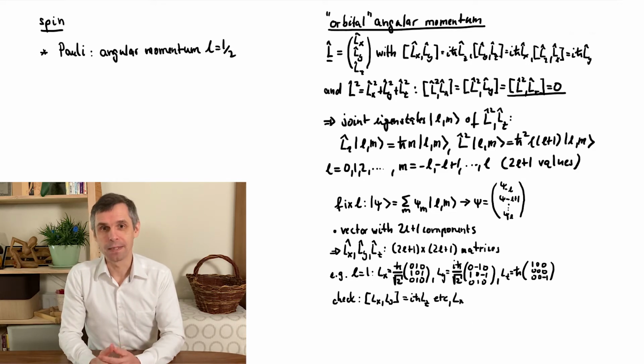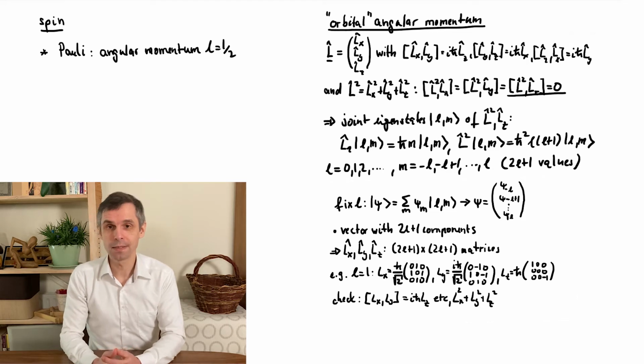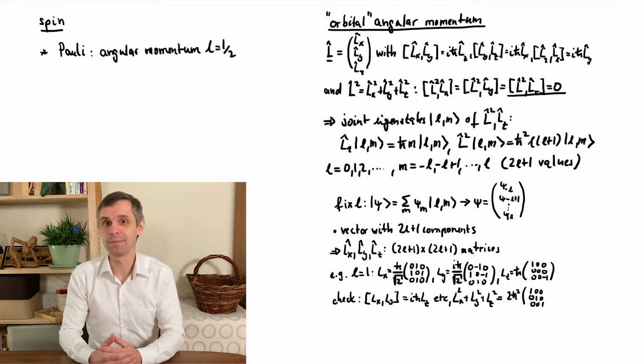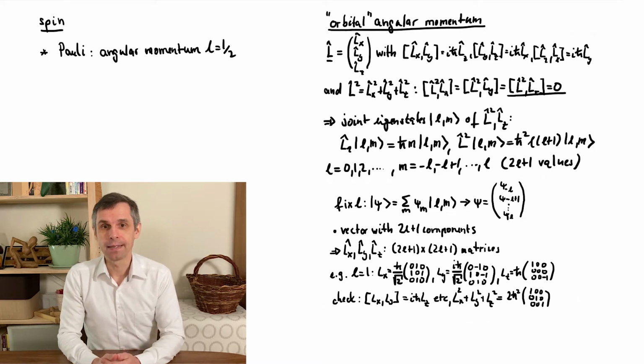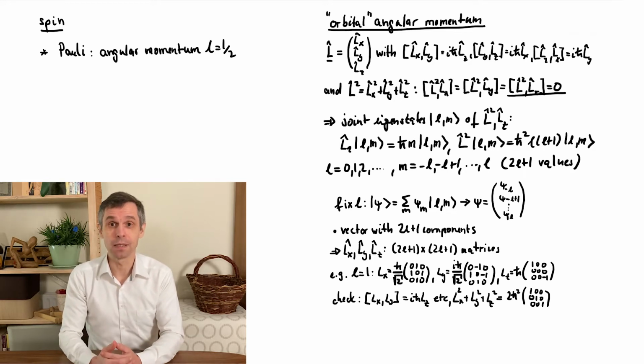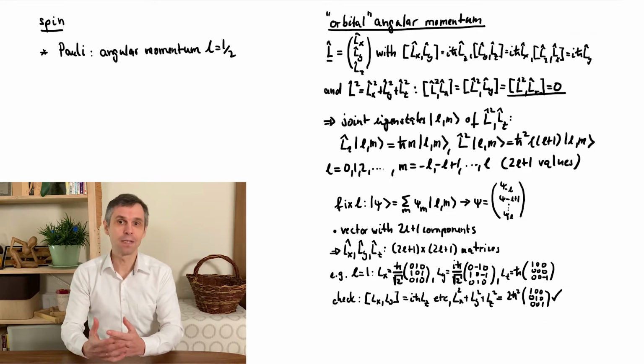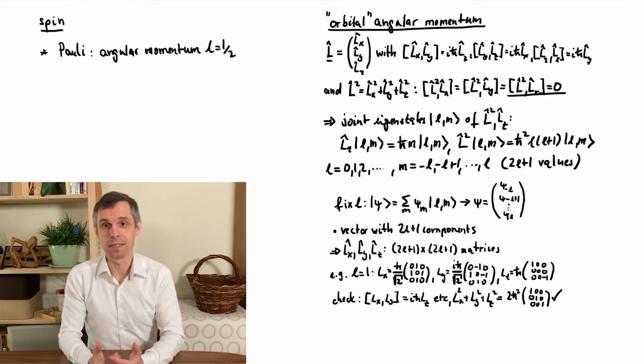The sum of their squares, what should be the total angular momentum, is proportional to the identity matrix, which indeed commutes with any other matrix. So this really serves as a number, and the value in front, 2ħ², is really just L times (L plus 1) ħ² for L equals 1. For other values of L, you get similarly explicit expressions for matrices of different dimensions.